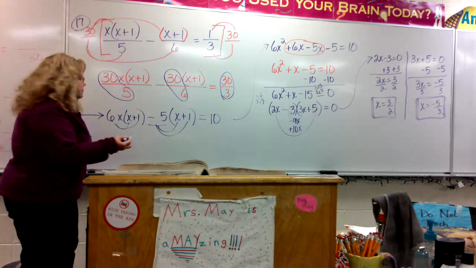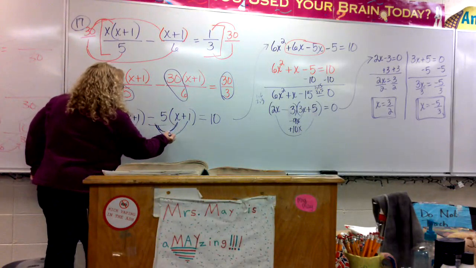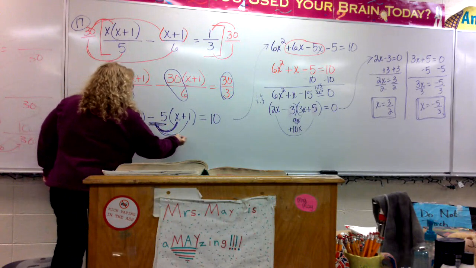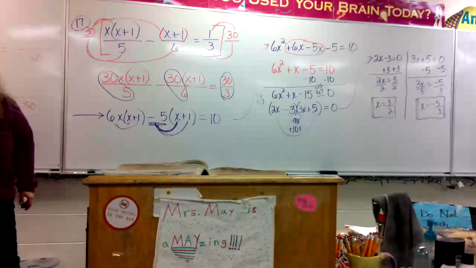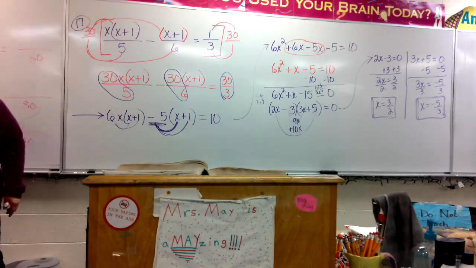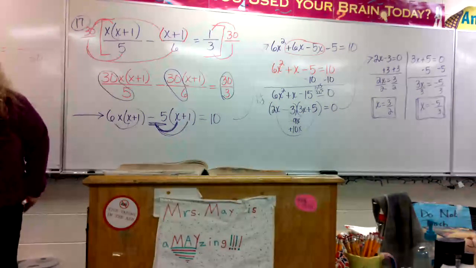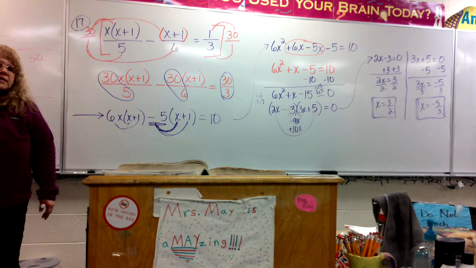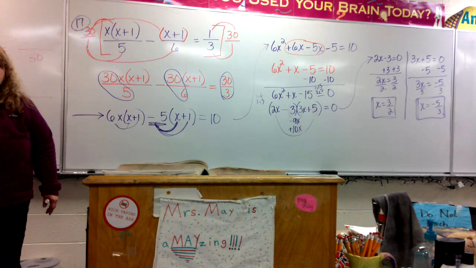I saw a lot of people yesterday, they remembered to multiply the first thing, but they forgot to distribute to the second. That was probably the most common mistake yesterday. But that's it. That's the whole thing. Does that make sense? Do you have questions?